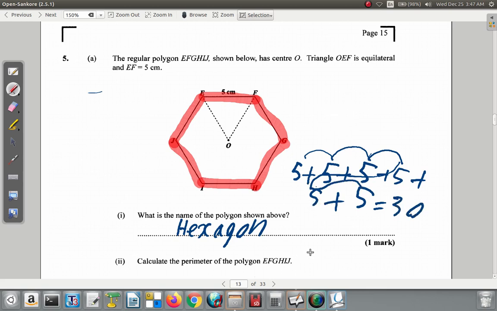The short way I was saying is that since there are 6 sides, and all of them are 5 centimeters, you could have just said 6 multiplied by 5 is equal to 30. It's centimeters, so make sure you put the unit there. So it is 30 centimeters long. Alright, that's the perimeter.